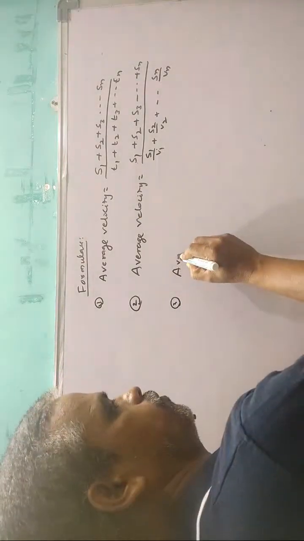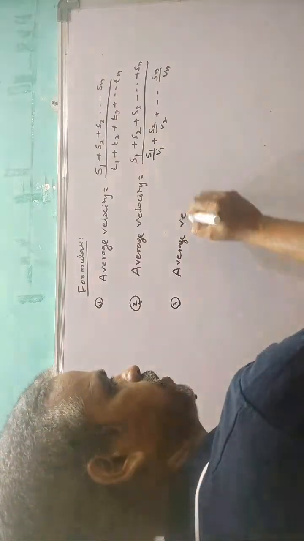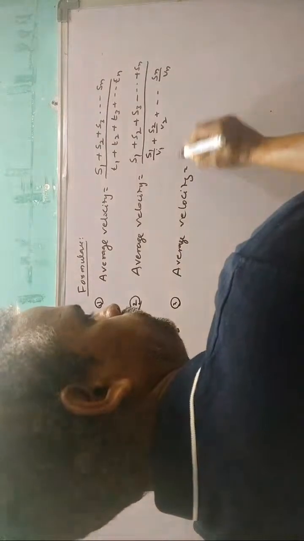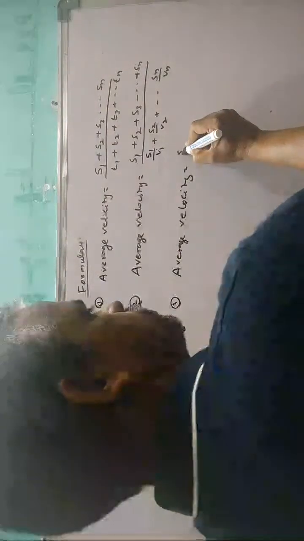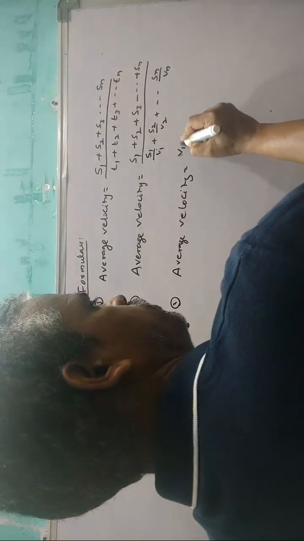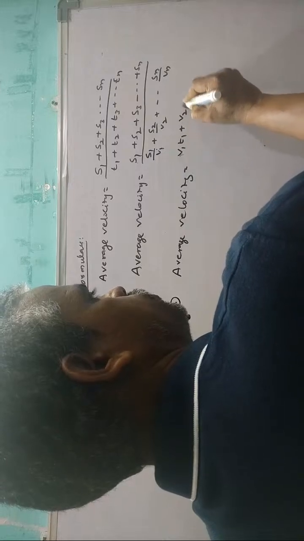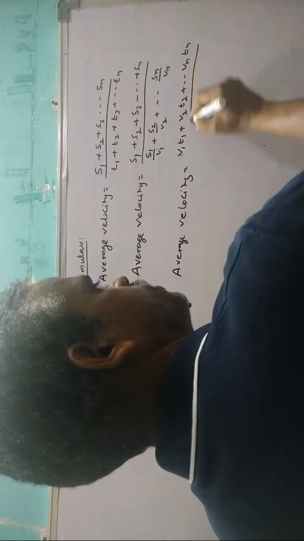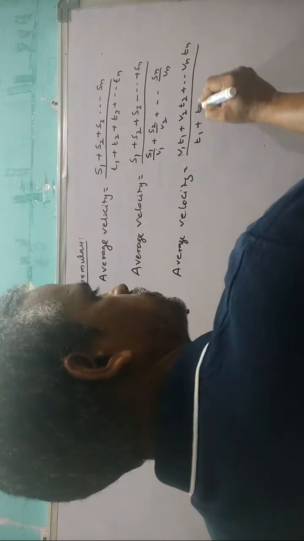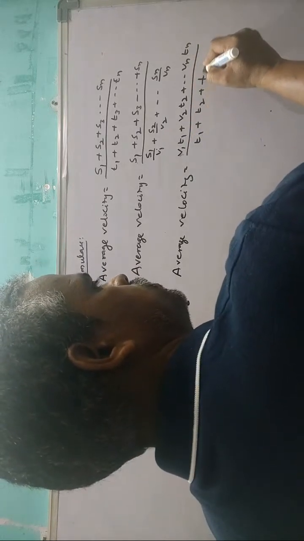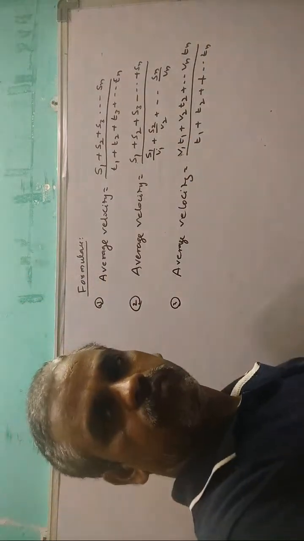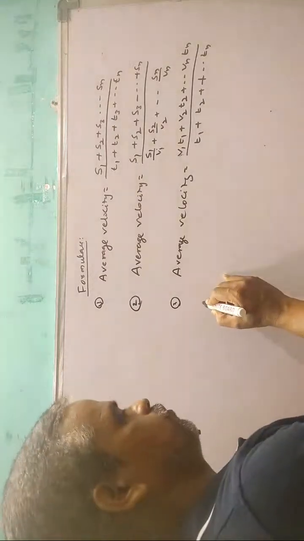Third, average velocity equals V1 into T1 plus V2 into T2 up to Vn into Tn by T1 plus T2 up to Tn, when velocity and time are given. Third formula.